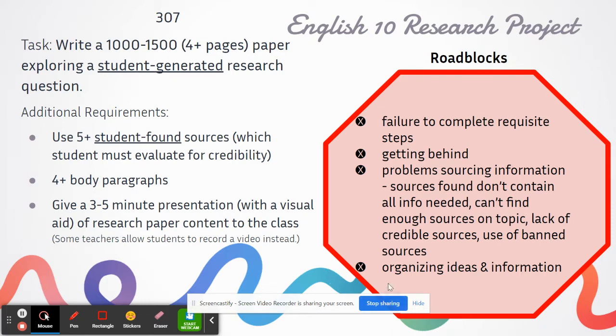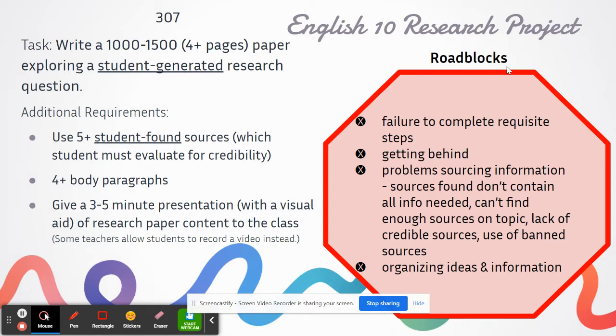So roadblocks that come up in this project, things that throw students off course or lead to students eventually not turning in a project, and because this is such a big project in English 10, then failing second semester, include failure to complete requisite steps.